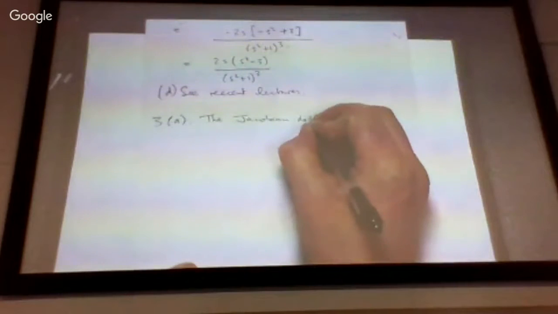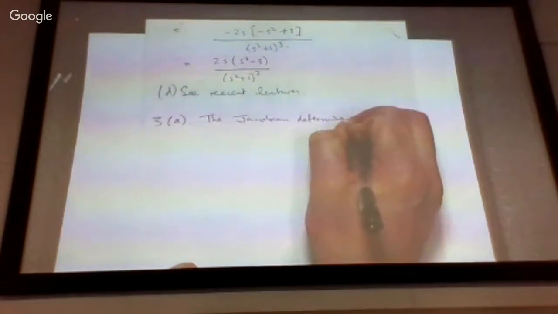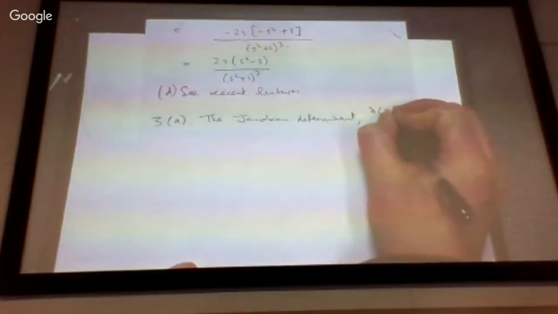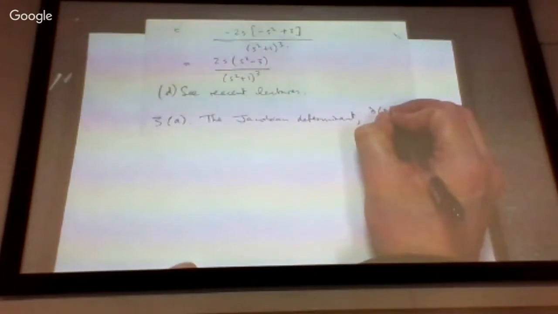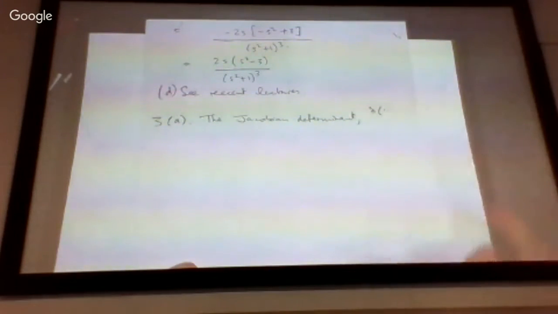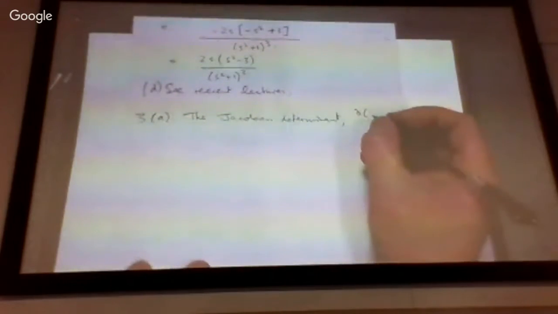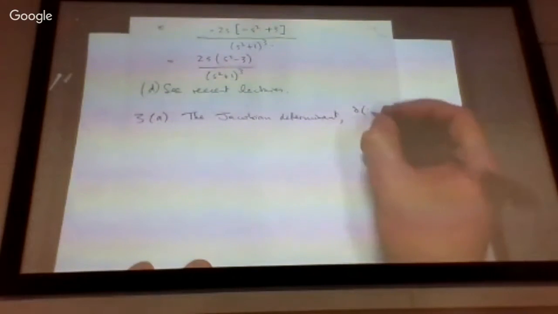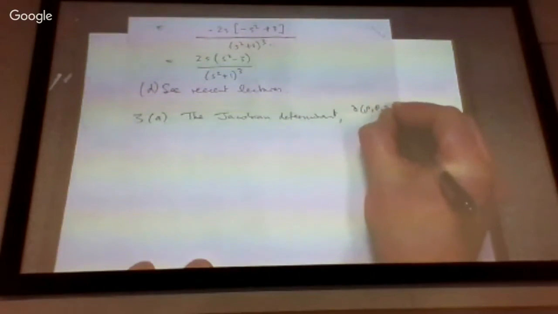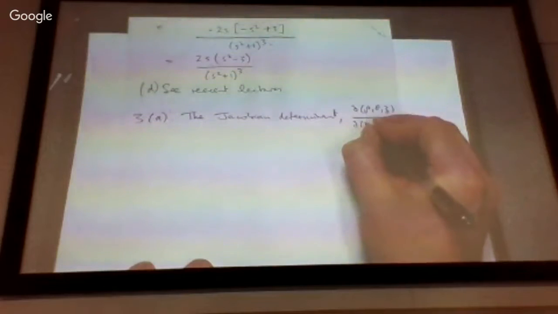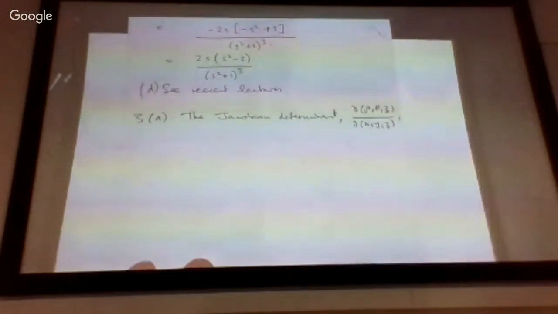We'll say the Jacobian determinant, notated as d(rho, theta, z) over d(x, y, z), is how it's written.